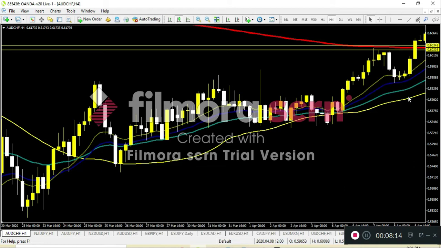The only thing that comes to mind before seeing this candle is, hey, maybe it'll make a double top and come back. Yes, that is an issue, and it goes sideways and comes down. So you could wait for another candle.